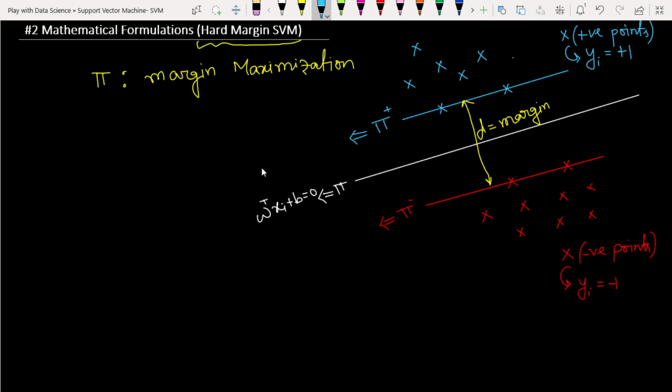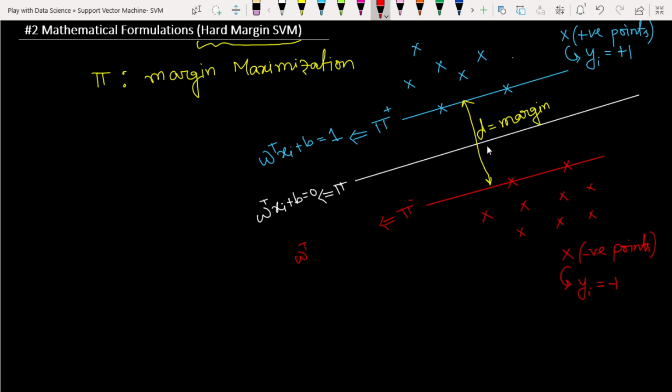We have taken its equation as w transpose xi plus b equal to +1. Bear with me as to why I am taking this equal to +1. I will discuss everything step by step, but please be patient.